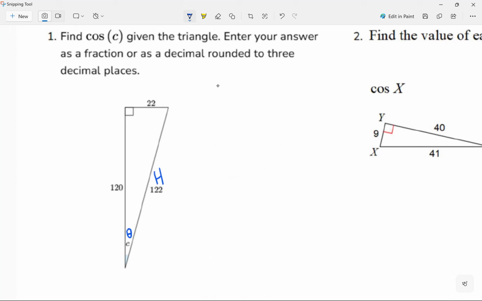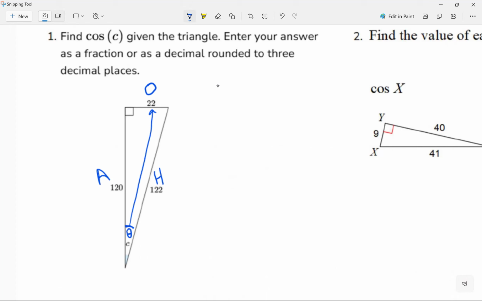Now the other two, 22 and 120, one of them is called opposite, one of them is called adjacent. If I'm looking at theta here, knowing that opposite is the side that is farthest away, I'm going to say my 22 is my opposite and my 120 is my adjacent. So I label my three sides. That's the hard part, we can say.